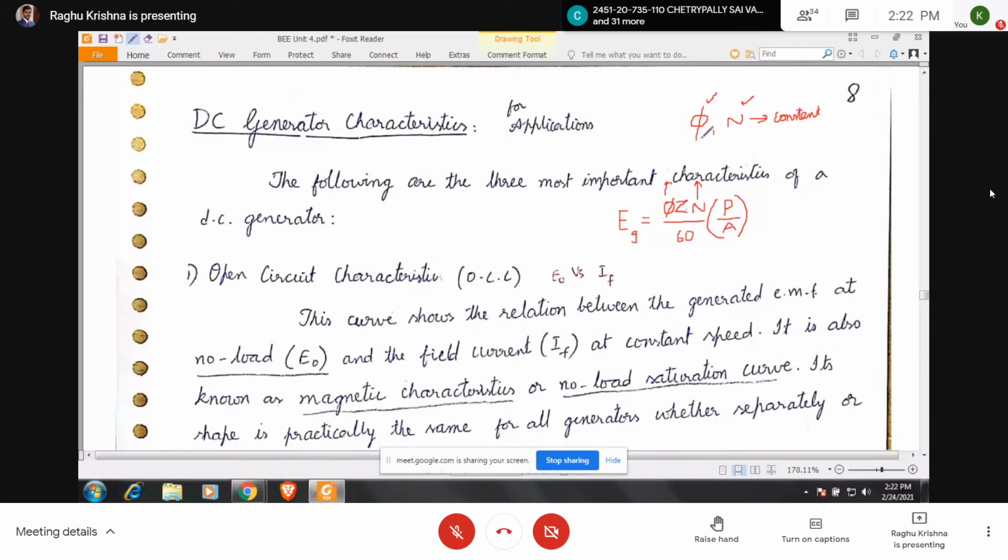For a given generator, we are going to apply mechanical power and rotate the rotor. We are going to make N constant, that is, constant speed.